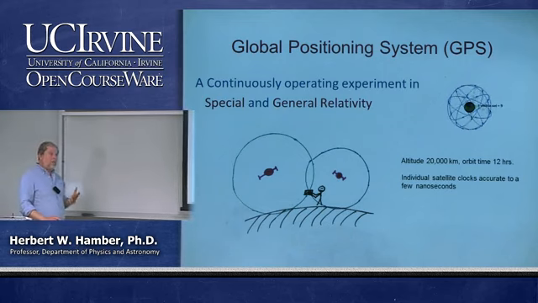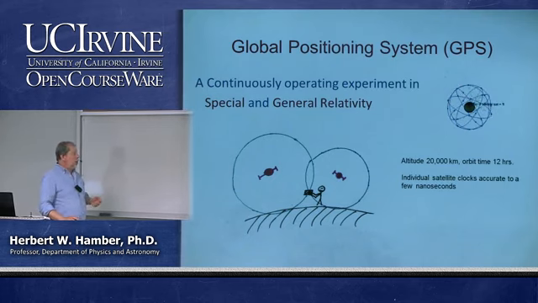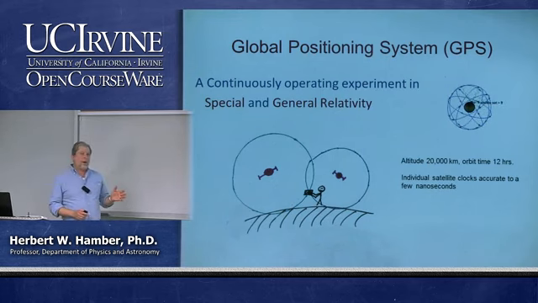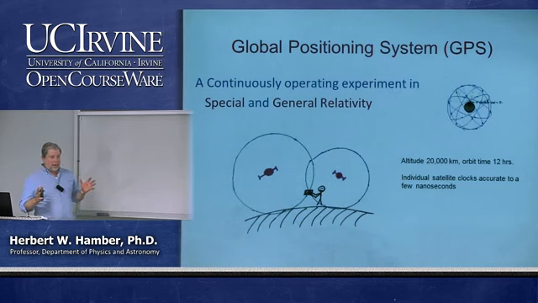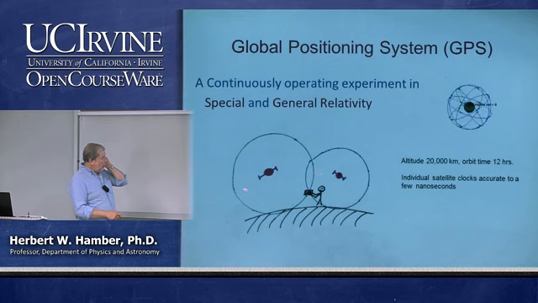So another interesting application of the gravitational redshift is in global positioning systems, because global positioning systems rely on a constellation of satellites, right, that send a signal and allow us then to position exactly ourselves on the surface of the Earth based on the various time delays and time differences between the signals that are received from different satellites. And those satellites are fairly high up and they're constantly moving around.